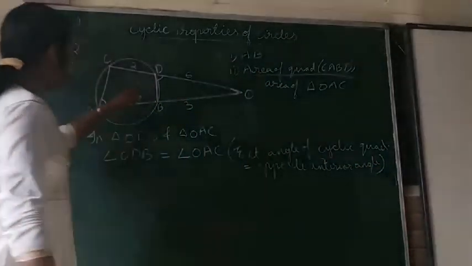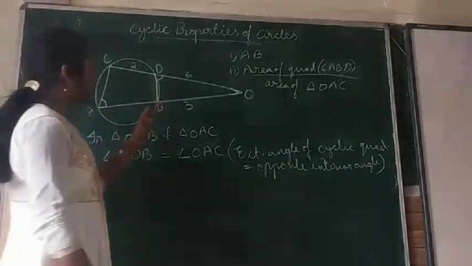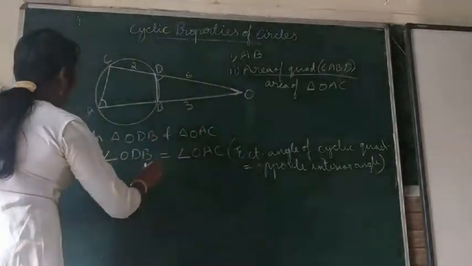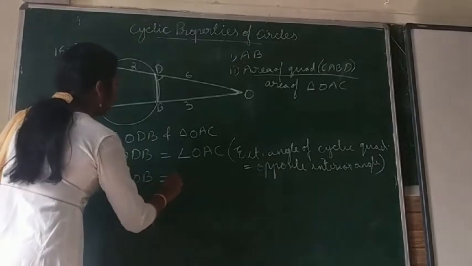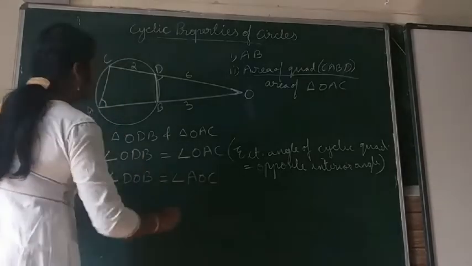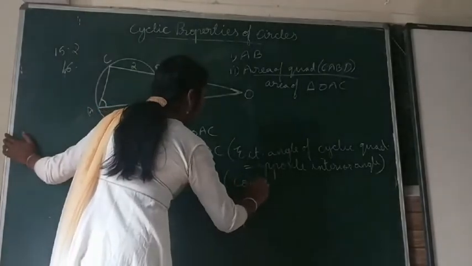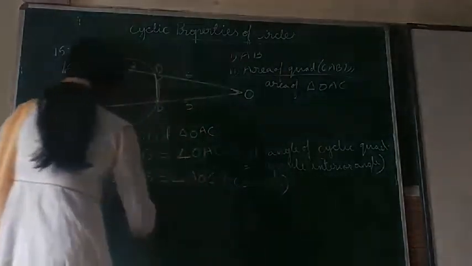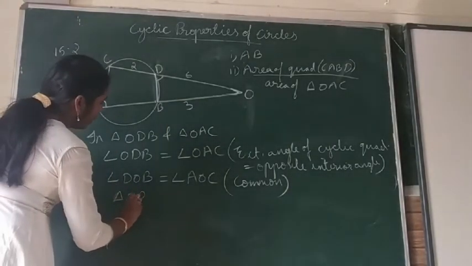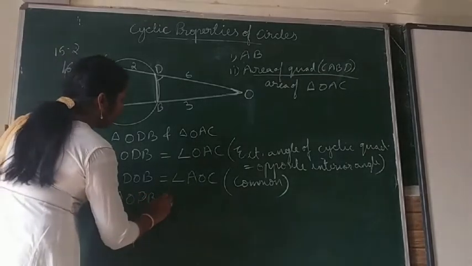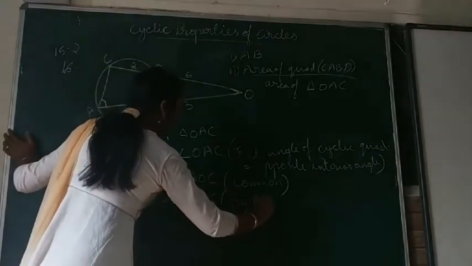Therefore, angle ODB is equal to angle OAC. We can also get angle DOB is equal to angle AOC, common angle. Therefore, triangle ODB is similar to triangle OAC by AA criteria.